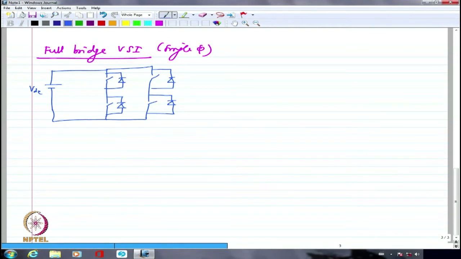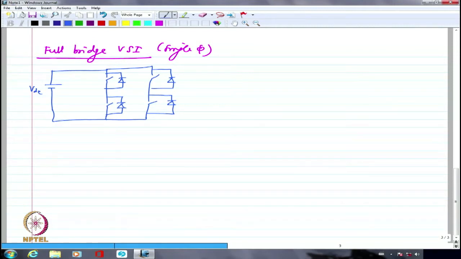And please note that these diodes have to be fast acting. They can't be power frequency diodes. We talked about 2 or 3 different types of diodes. You remember? We talked about power frequency diode, fast recovery diode and Schottky diode. So fast recovery diodes have to be used in this case because they have to essentially work very quickly.